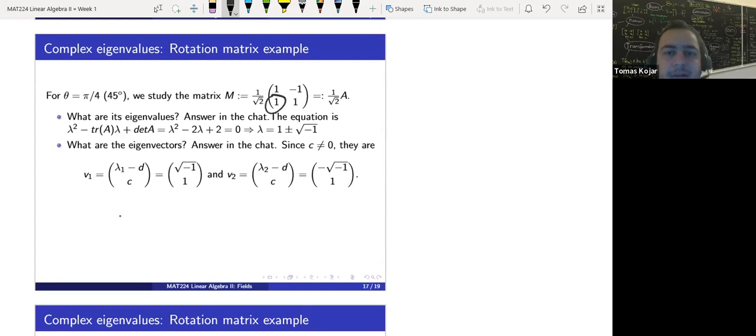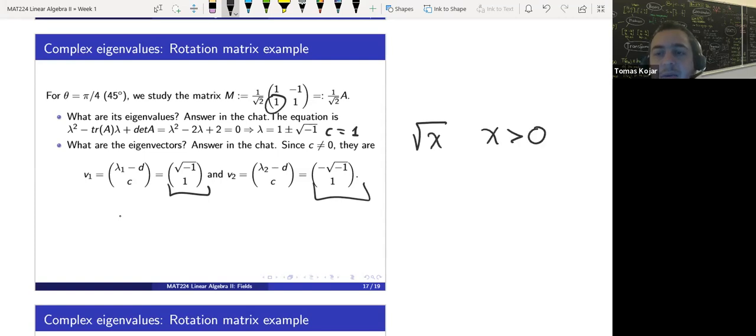This is C, it's 1. So these are our two eigenvectors, okay? And again, this square root of minus 1 shows up in there, and how to make sense of it, how to work with square root of minus 1, right? Because so far, whenever you've seen square root, the condition was that x needs to be bigger or equal than 0 from calculus, right? That's how we did calculus there.